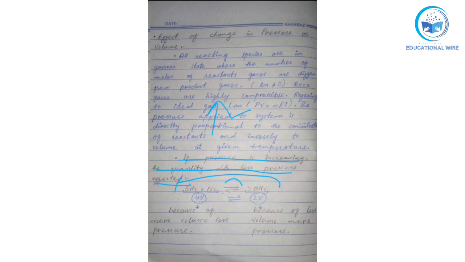Here we have volume 4, and here we have volume 2. The reactant has more volume and the product has less volume. Because of more volume there will be less pressure, and because of less volume there will be more pressure. It's also vice versa: more volume means less pressure, and less volume means more pressure.